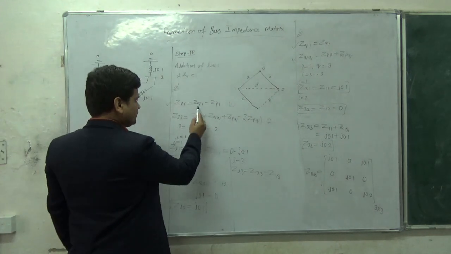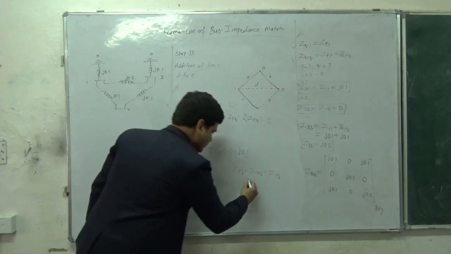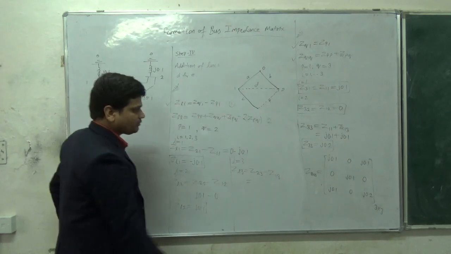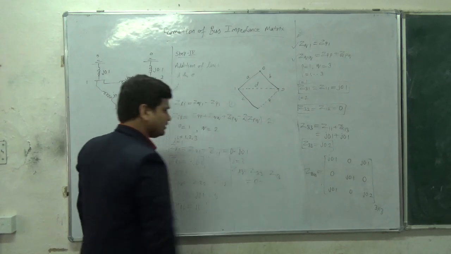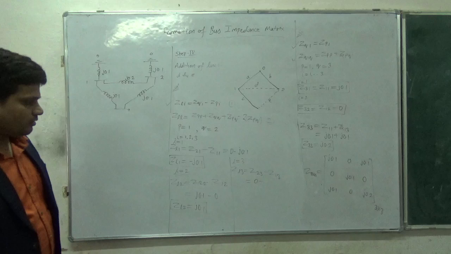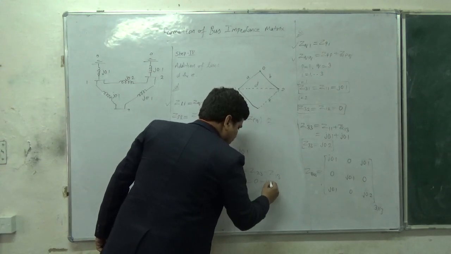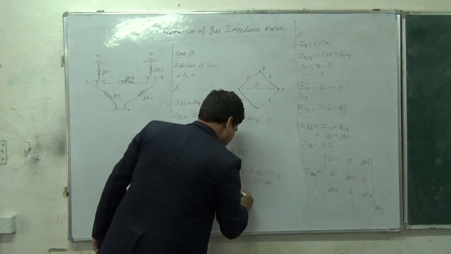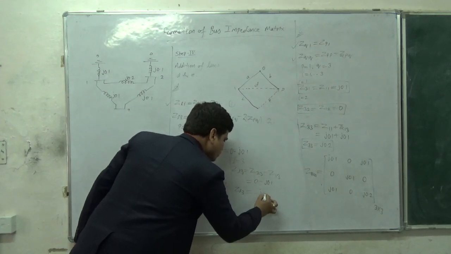Now put the values. Z23 you can see from here is 0, minus Z13, which is j0.1. So your ZL3 will be minus j0.1.